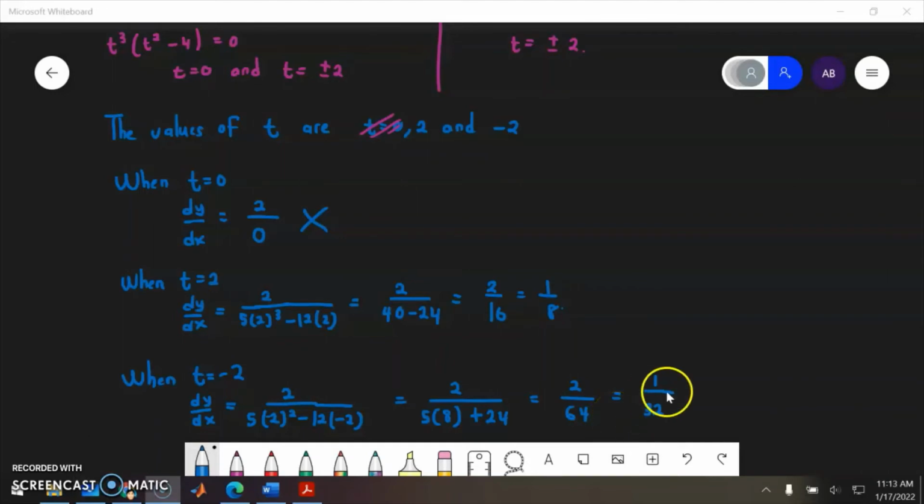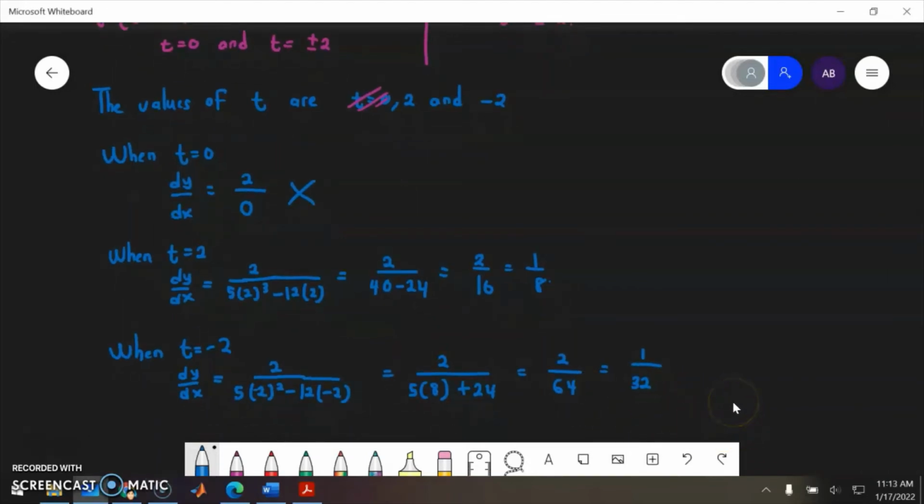I think there's an error earlier, because this is power 3, not power 2. So negative 2 to the power 3 is negative 8, times 5 is negative 40, plus 24. Yeah, that's much better. So this will be 2 over minus 16, which is minus 1 over 8.